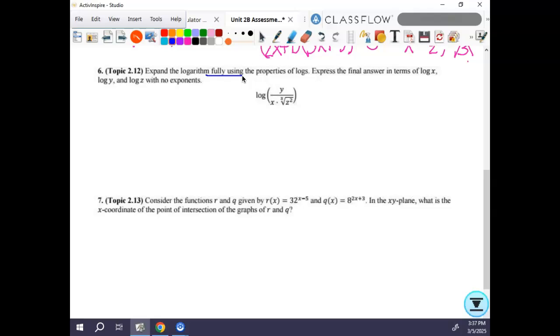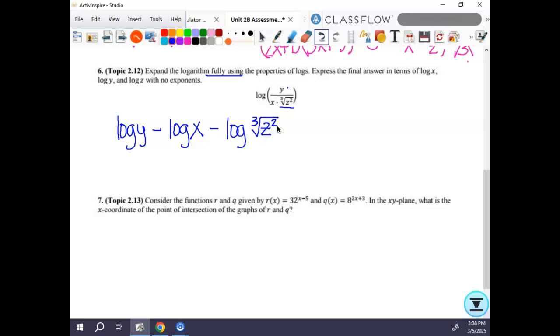So when I do that, everything that is in the numerator has a positive log. So that's log of y. The x is in the denominator, so that's going to be minus log of x. This is also in the denominator, so minus log of the cube root of z squared.